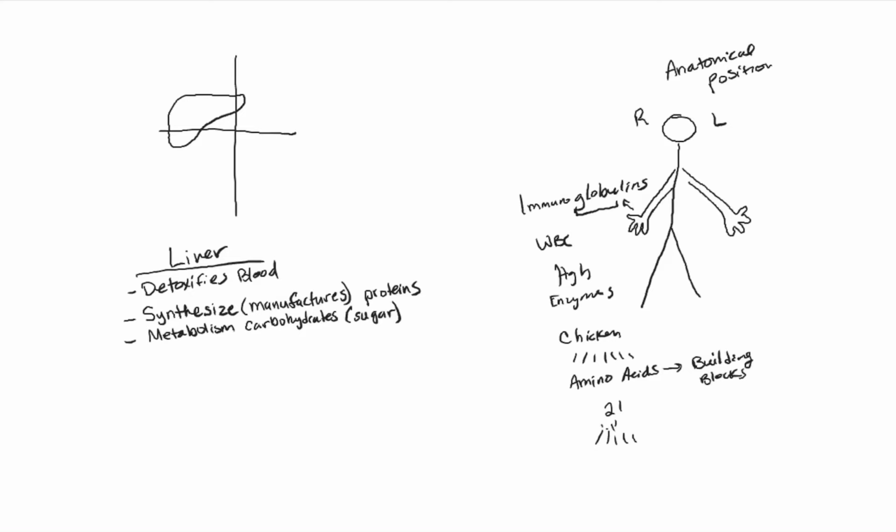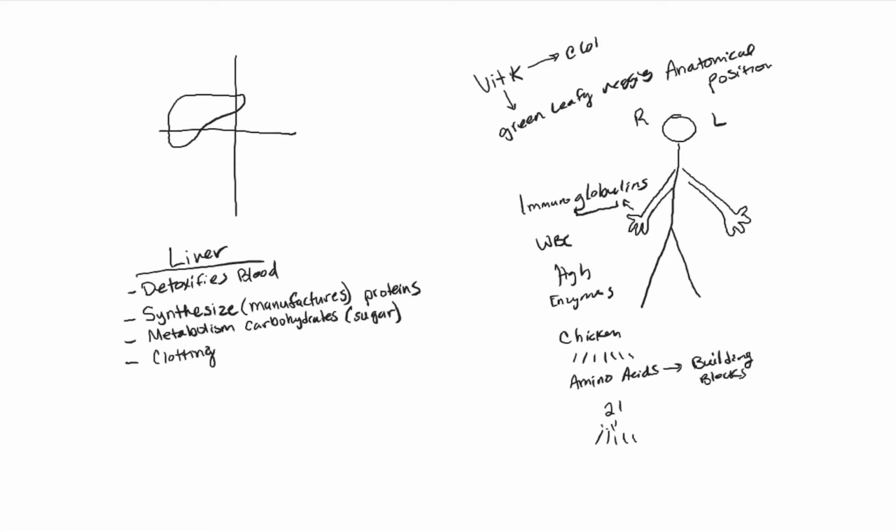Your liver also helps with clotting. Have you ever heard of vitamin K? Not potassium, vitamin K. Do you remember that we get vitamin K from green leafy vegetables? Vitamin K helps you clot.